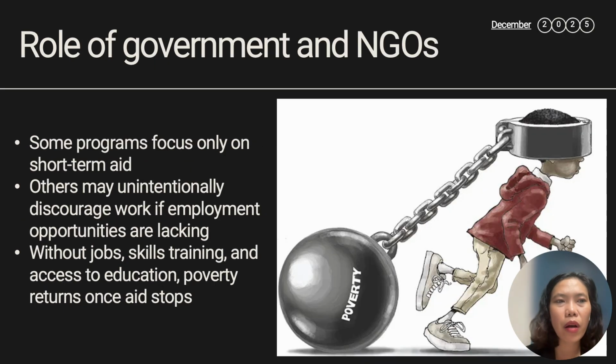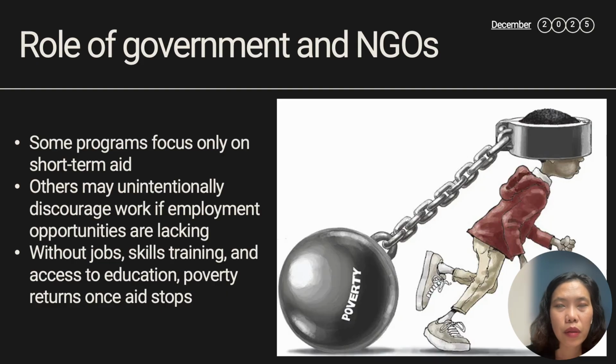So the role of the government and NGOs: some programs focus on short-term aid. Others may unintentionally discourage work if employment opportunities are lacking. That is why the government has given us different kinds of incentives and programs to alleviate poverty.